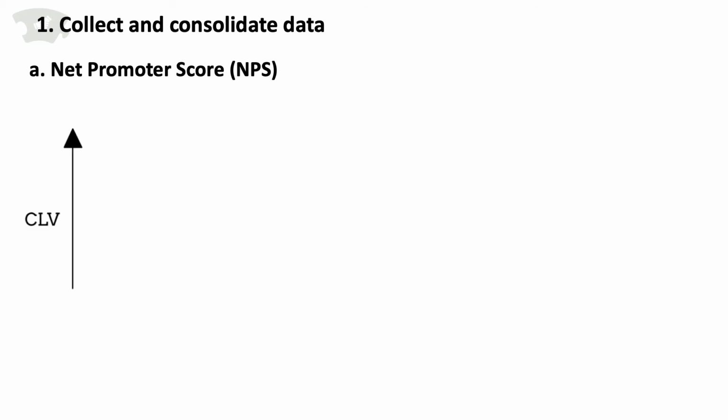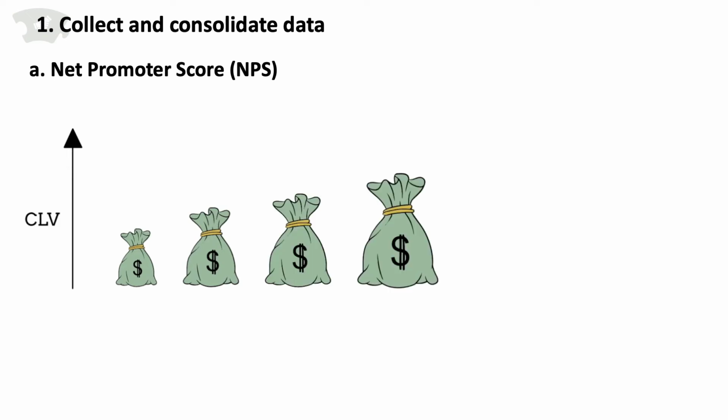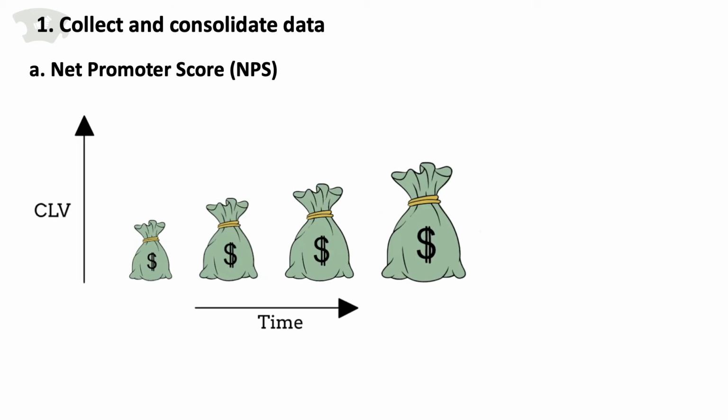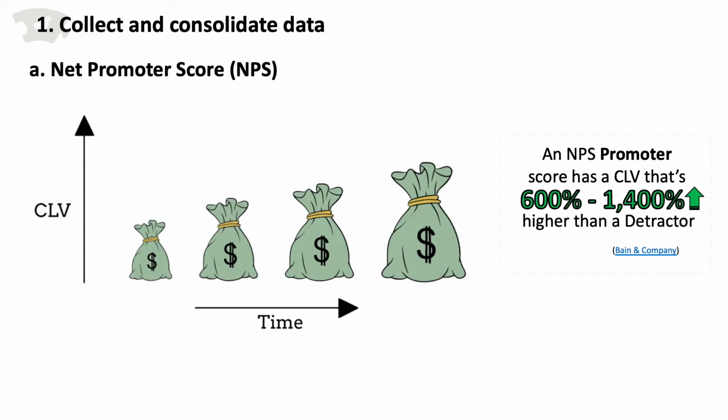Remember the customer lifetime value, that is, the total revenue you stand to gain if you keep a customer engaged for the entire lifetime of the business relationship? Well, an NPS promoter has a customer lifetime value that is 600 to 1,400% higher than a detractor.